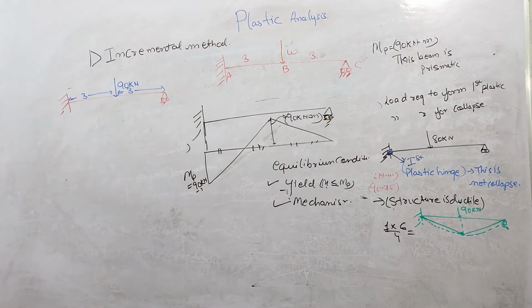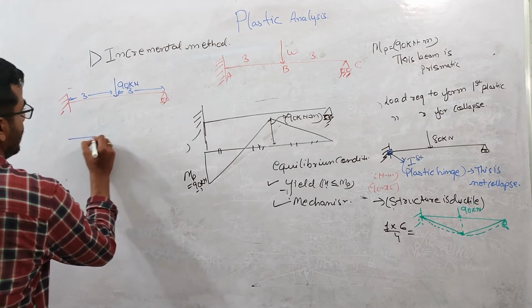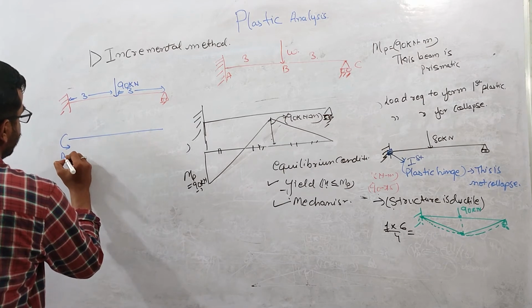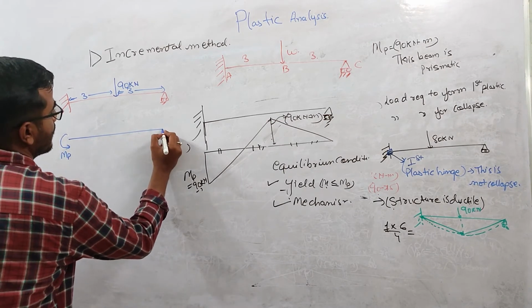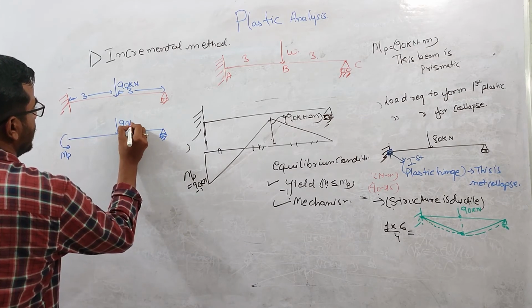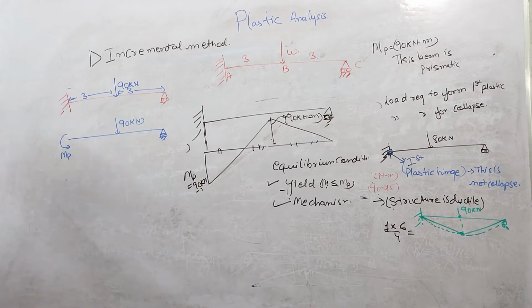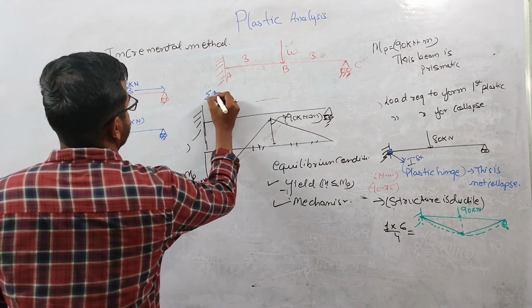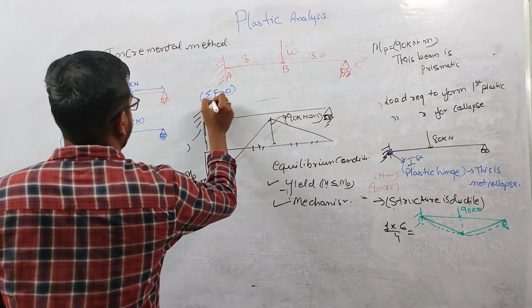So we need to check the equilibrium condition. At this end, the bending moment is Mp, and here where we are applying the 90 kN load, the moment is also Mp. How to check the equilibrium condition? We'll check whether vertical equilibrium holds, summation F equals 0 or not.